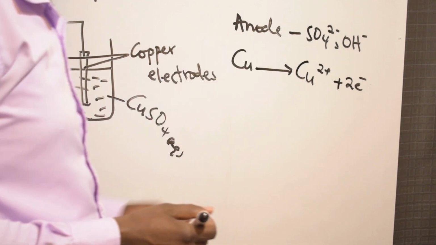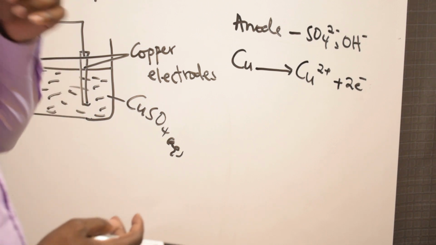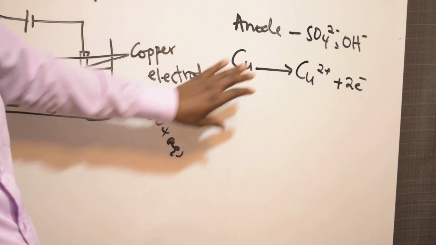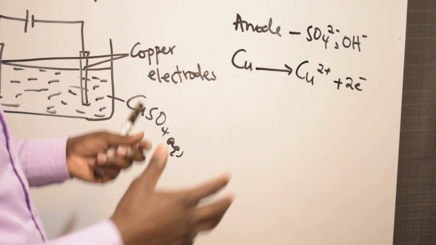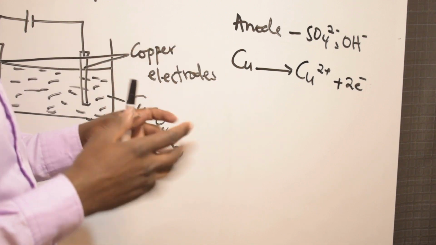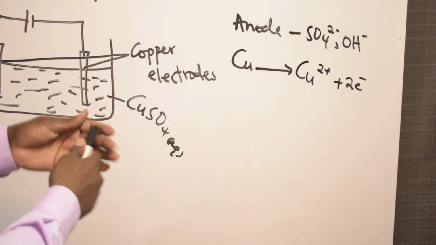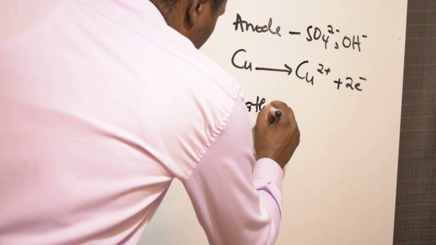For example, when you purify copper metal, the impure copper will be put at the anode, where the anode will be dissolving, releasing the copper ions, and then the copper ions can get to the cathode, where they are going to gain electrons and form copper metal.